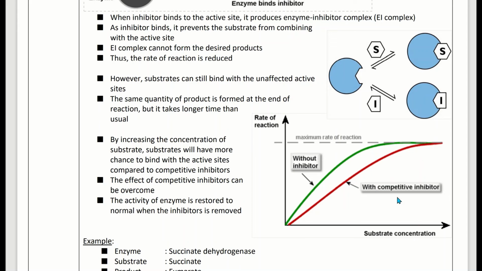Kenapa? Sekarang it have to compete with competitive inhibitor. Okay, so dia kata dekat sini, by increasing concentration of substrate, substrate have more chances to bind with active site compared to competitive inhibitor. So competitive inhibitor punya effect ni we can overcome. Kita boleh overcome the effect of inhibitor ni lah.